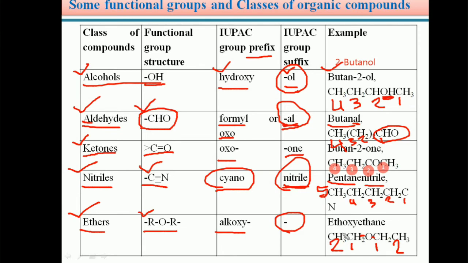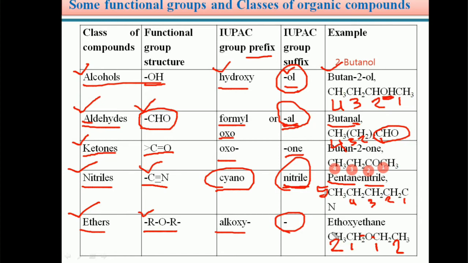So it should not be named butane or but-, even though this organic compound has 4 carbon atoms. A but- type of prefix should not be used because there is no direct bond between the carbons in the case of ethers. So CH3, CH2, O single bond CH2, CH3.